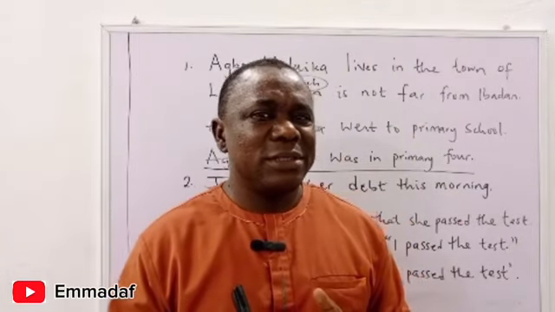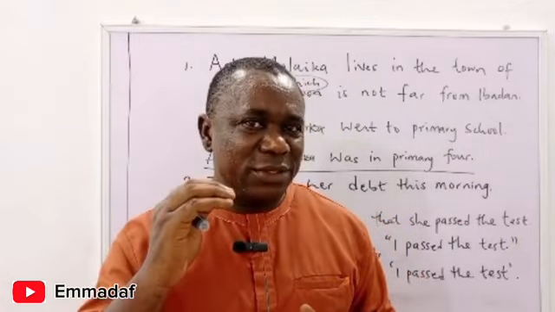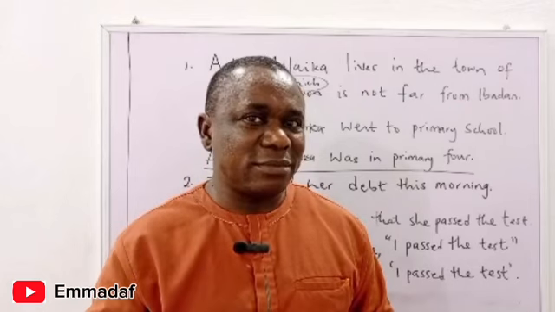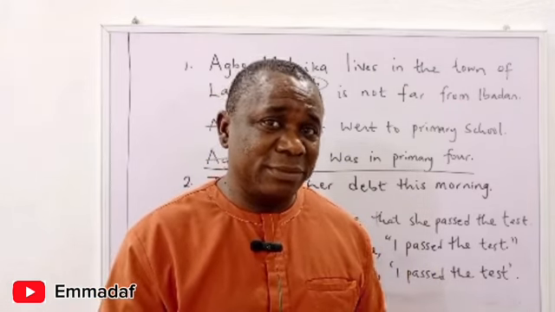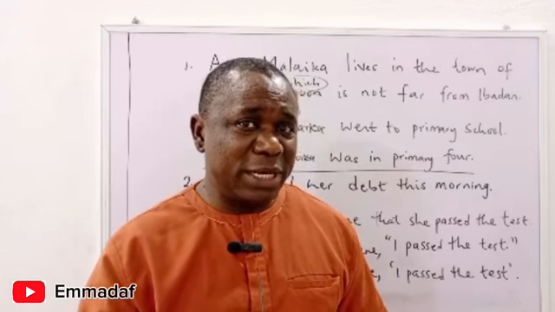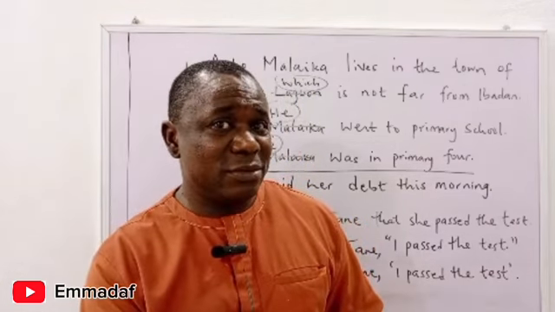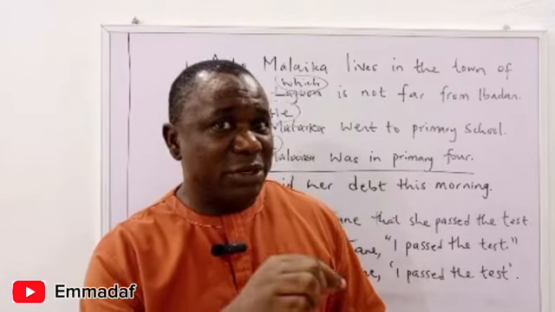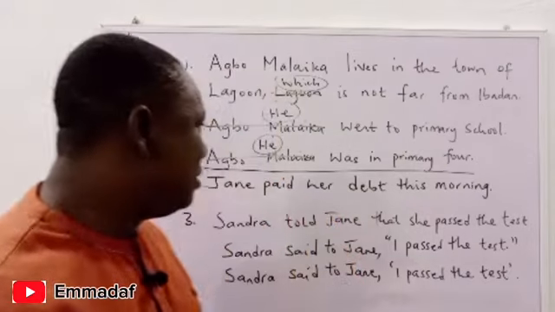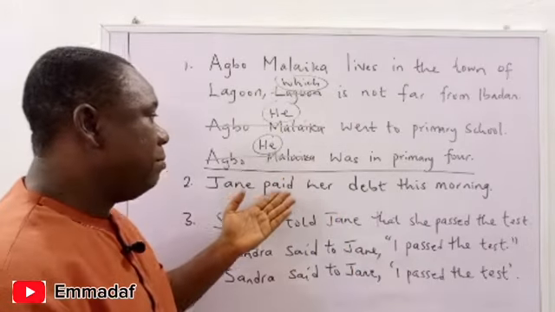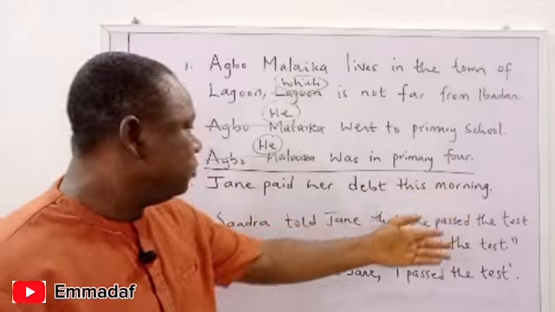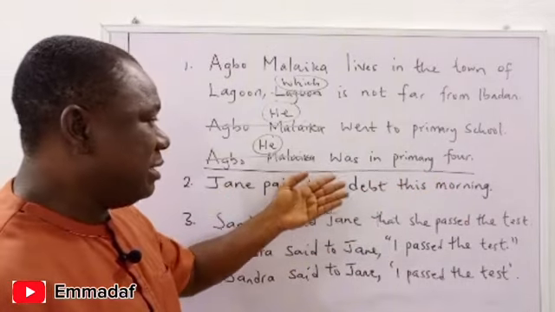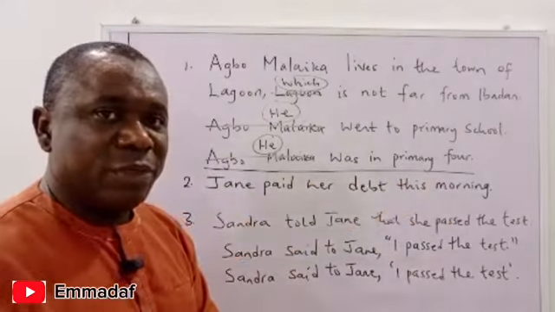Now let's talk about the antecedent of the pronoun. What do we mean by the antecedent of the pronoun? The antecedent of a pronoun is the noun to which the pronoun refers. Let's look at this example. Jane paid a debt this morning.